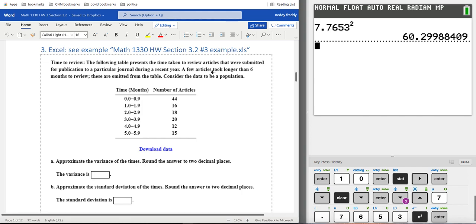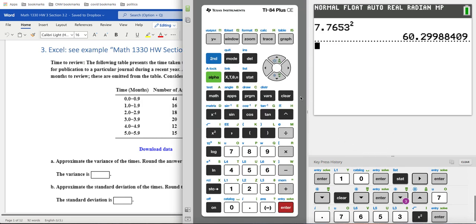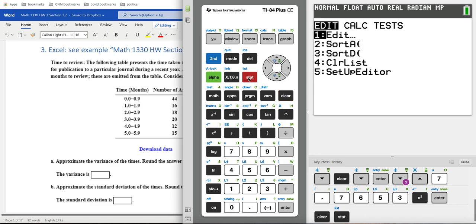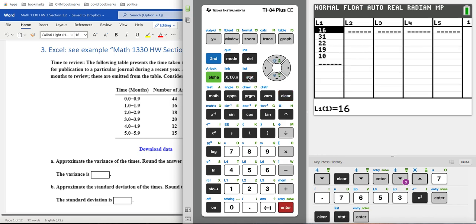And I always tell people to notice on this one that these are always asking you for the approximate variance and the approximate standard deviation. And there's ones like this in 3.1 asking for the approximate mean and maybe median as well. I'm not sure. So you start out the same way with the stat edit and clear your lists.